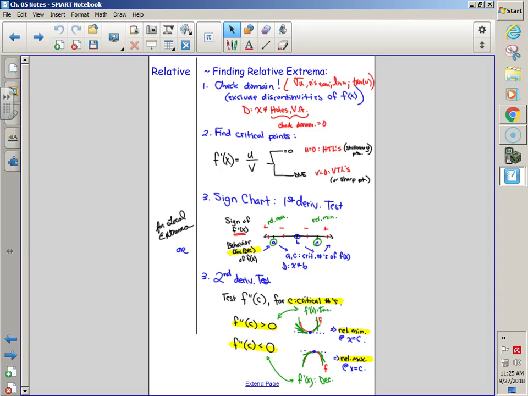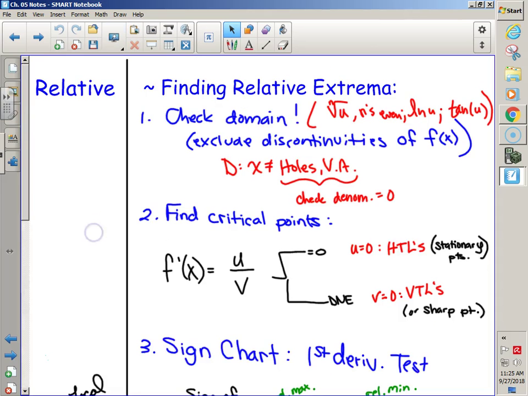Let me zoom in. So we take it piece by piece. When you're finding relative extrema, first of all, think about the domain. If they don't give you an interval, you have to think about the natural domain if there's something implied. If you have even roots, ln's, tangents, exclude the discontinuities as candidates, but include them in your sign charts.